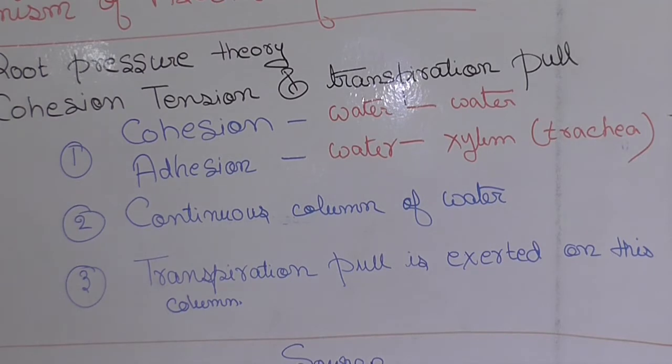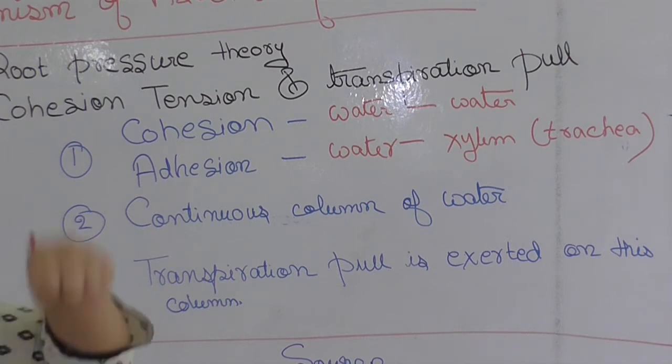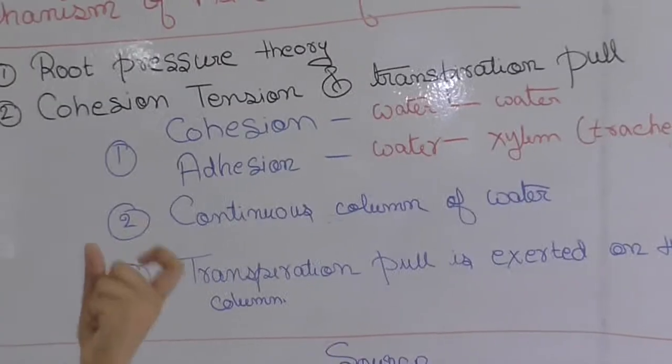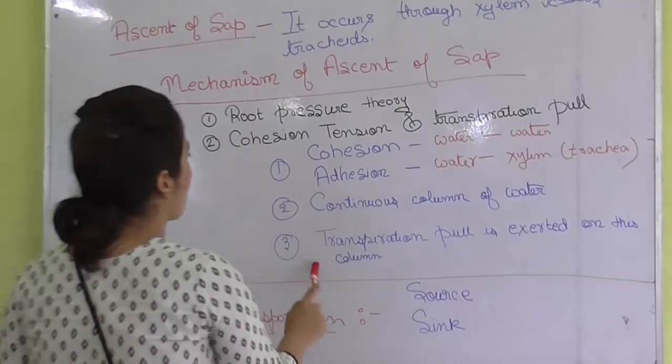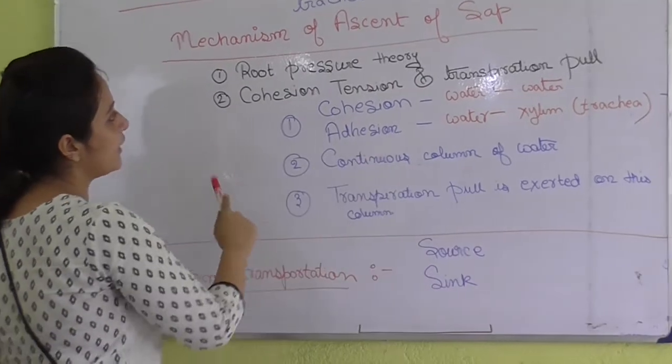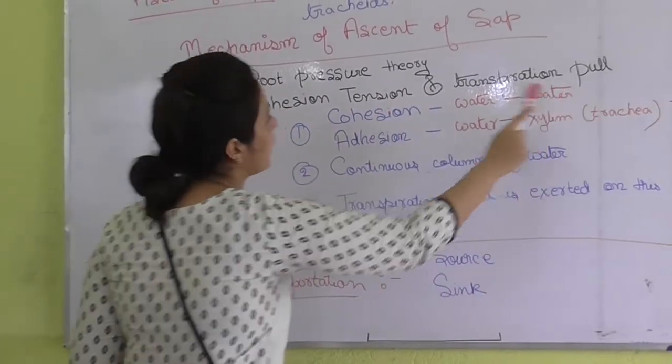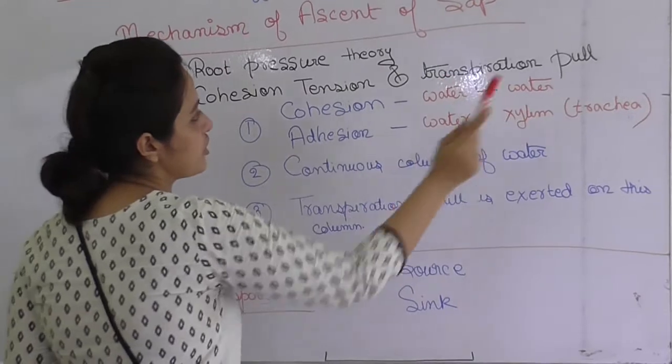When transpiration occurs, a lot of water vapor is going away from the aerial surface of the plant. Then what happens? When the water vapors are going, the water column is pulled by it. The transpiration is pulling the water column. So these 3 points you have to study in this theory named cohesion, tension and transpiration pull.